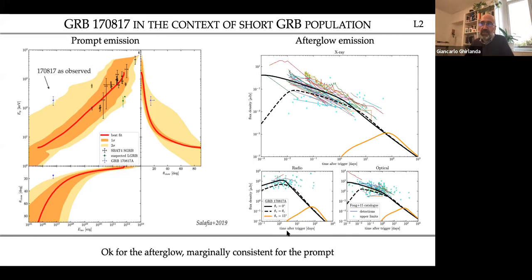The conclusion is that it's a bit unlikely that these are similar to 170817 because of the orientation effect, but rather they could be intrinsically dimmer events or bursts at a relatively large redshift, and therefore appearing dimmer and softer for that reason.